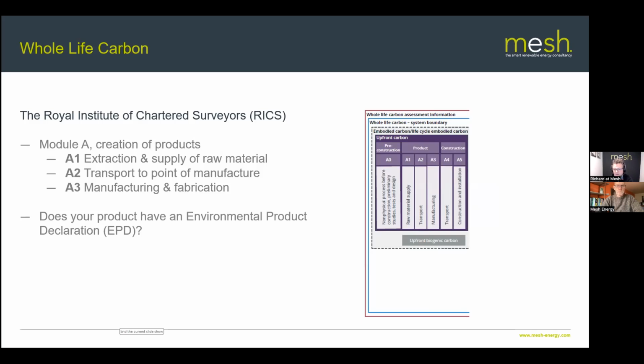And the thing to think about at this stage is, do the products you're using have environmental product declarations? And these are becoming more commonplace. This is really an evolution out of, say, the Green Guide for Specification, where for a particular form of construction, you might have what is now a very rough and ready rating as to how green or sustainable a design approach might be.